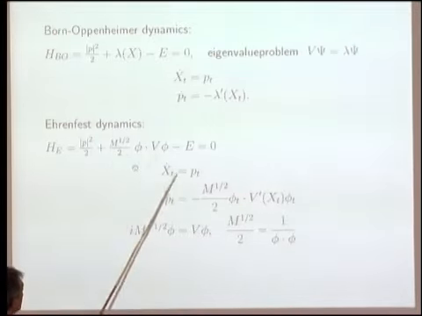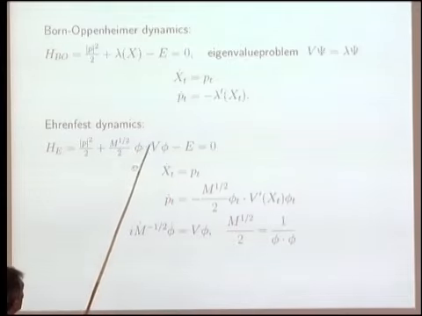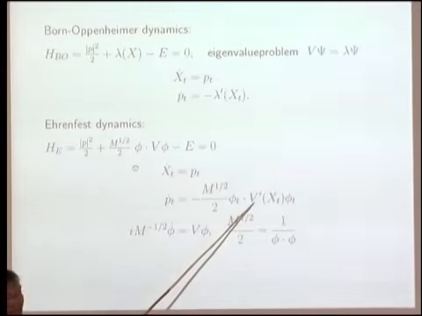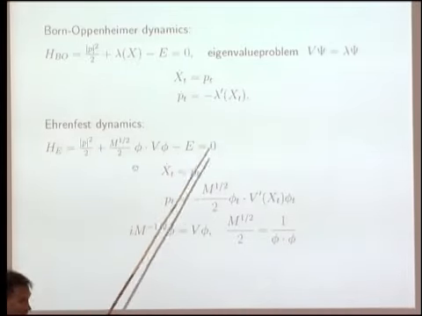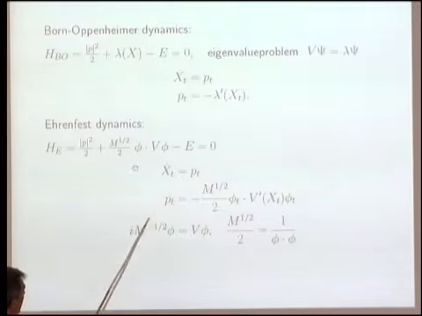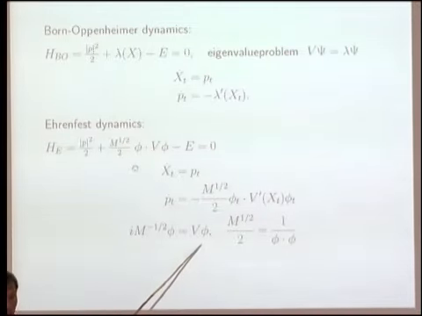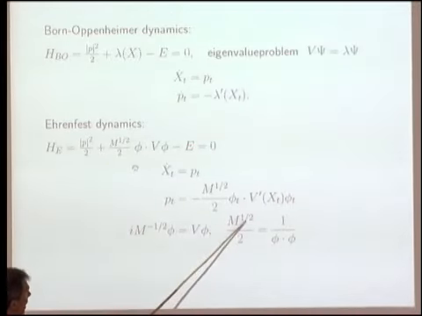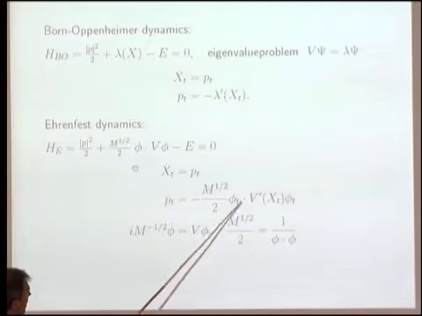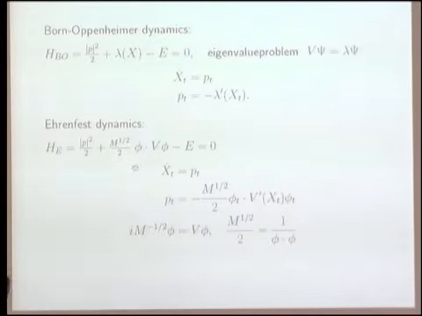So here you get P, and then you differentiate with respect to X here, you have that here, and then you differentiate with respect to phi, the real part and the imaginary part, and you can write that as a Schrödinger equation. Now I choose to normalize here, so that this factor becomes precisely what we have here.